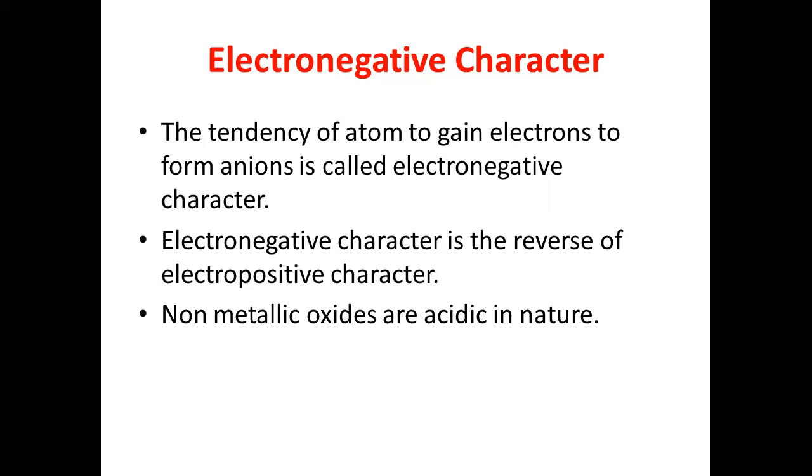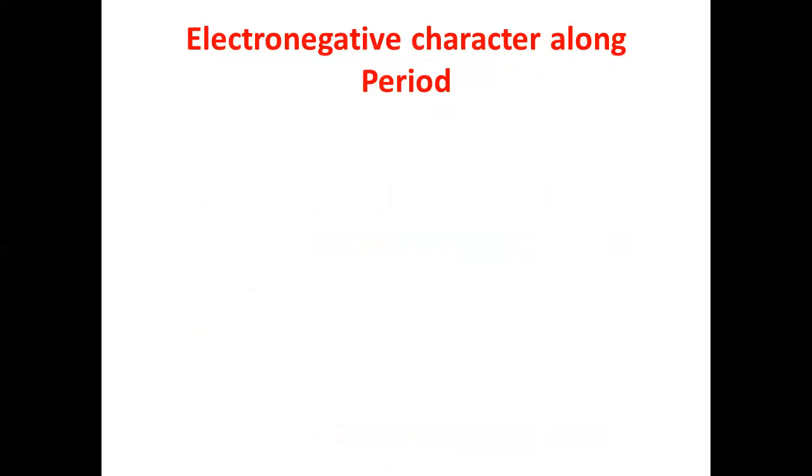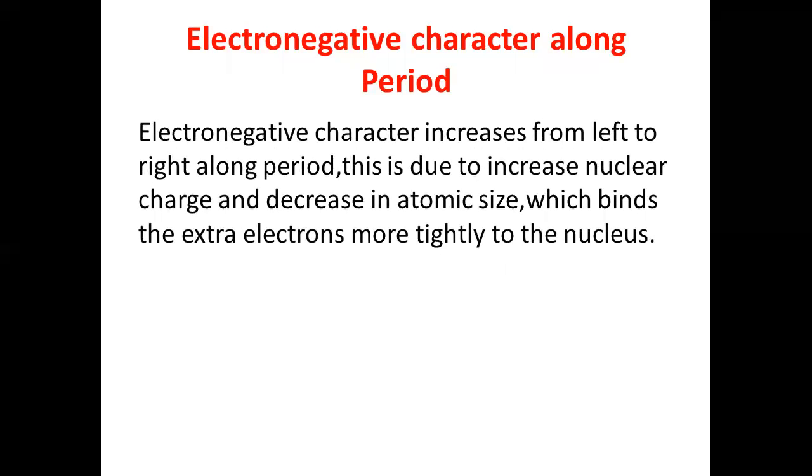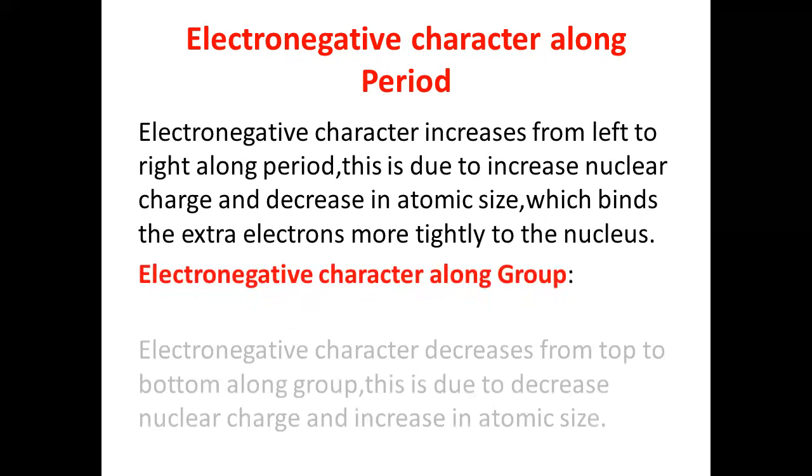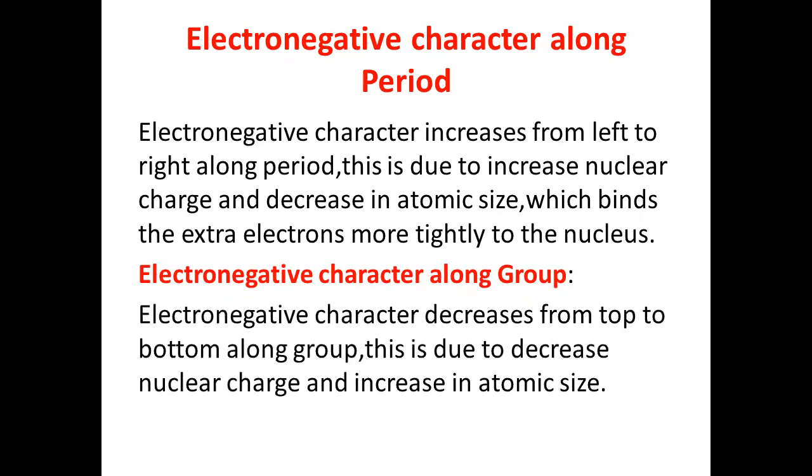Non-metallic oxides are acidic in nature, and non-metals show this electronegative character. Electronegative character general trend: along a period, electronegative character increases, while it decreases along the group. Along the group from top to bottom, electronegative character decreases while electropositive character increases.